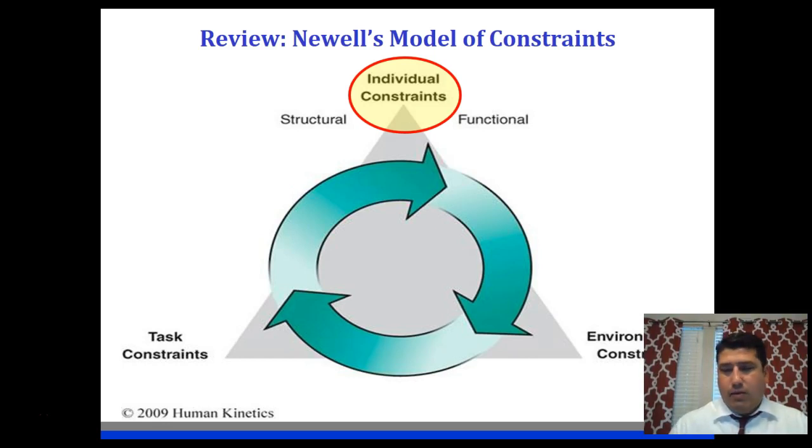And that's the same thing, again, with any type of movement. So whatever movement you're involved with, the first time you do it, either structurally your body's not prepared to perform at a proficient level, or functionally you just don't have the confidence yet to perform at a proficient level. So we will focus this entire discussion on the individual constraints.